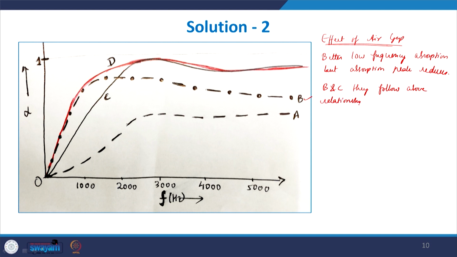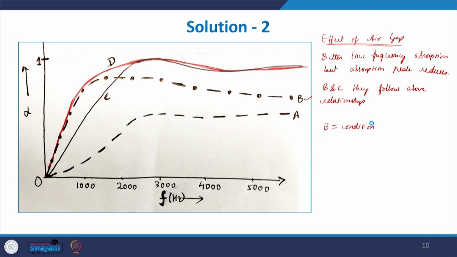In graph B, the low frequency absorption has increased, but the overall absorption peak has reduced. The frequency at which good absorption starts has shifted lower, but the overall peak has reduced. So graph B will be the condition.